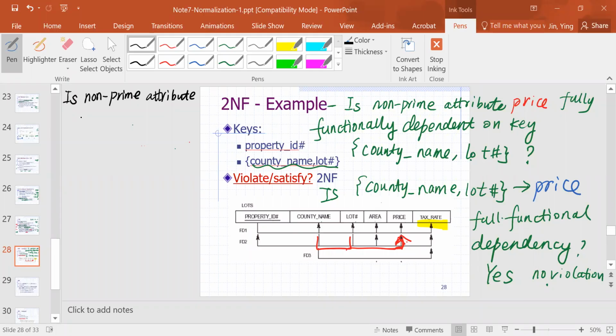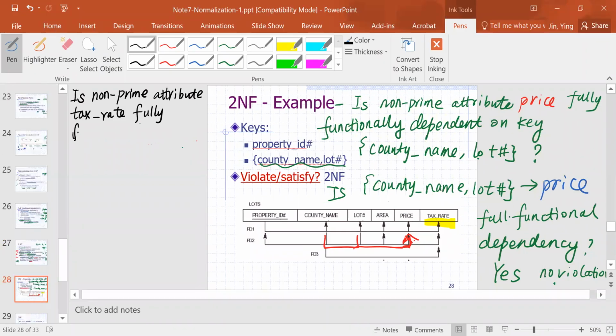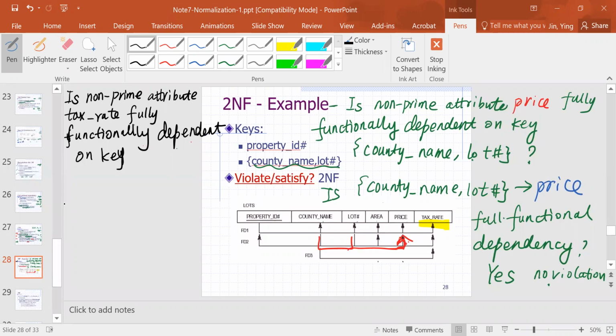So you can pick whatever you want. Right, so that's the question.